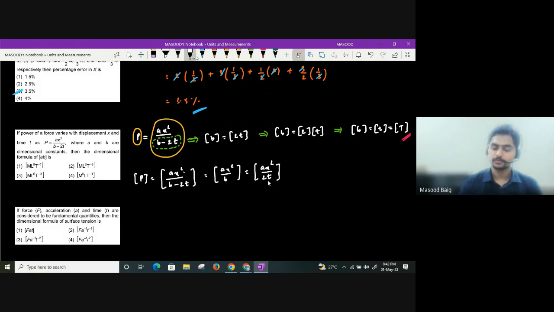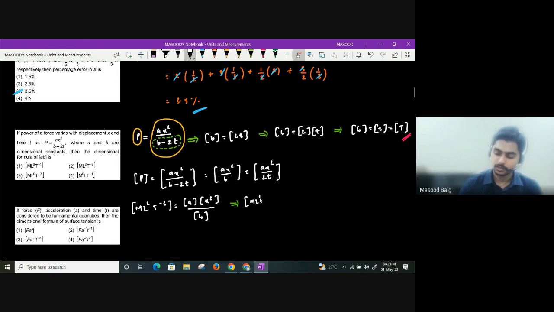Power is basically represented as force into velocity, guys. So if I do that, I'll get it as ML square T power minus 3 should be equal to, I don't know dimensions of a, I can write dimensions of x square divided by dimensions of b. So from this, what are we going to obtain?